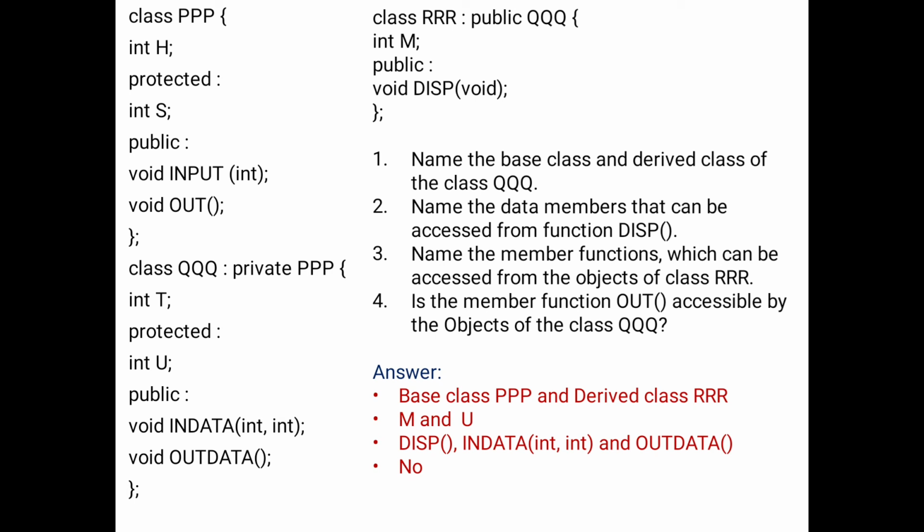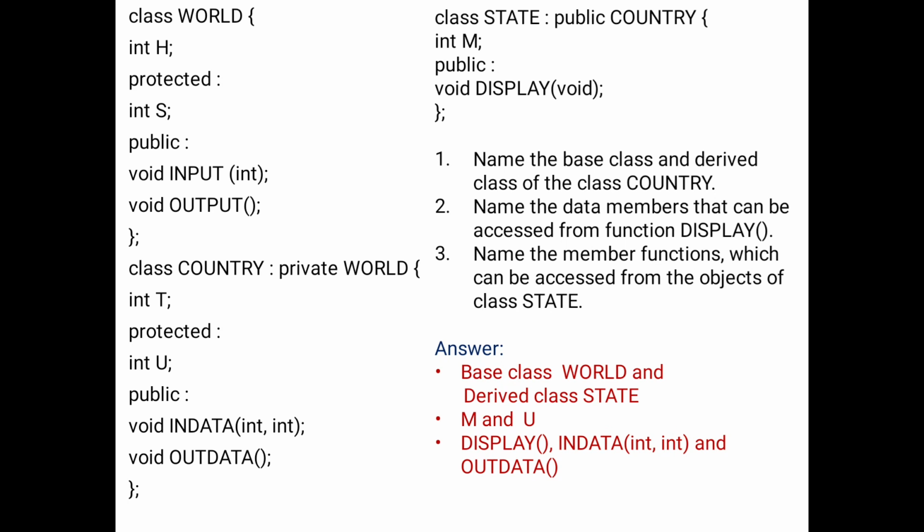Okay, so next we have question number 10. The same type of program, except that the class names change. It is very similar to the previous program. The only thing changed is the class name, that is world. The data member is remaining the same: int h protected in s.